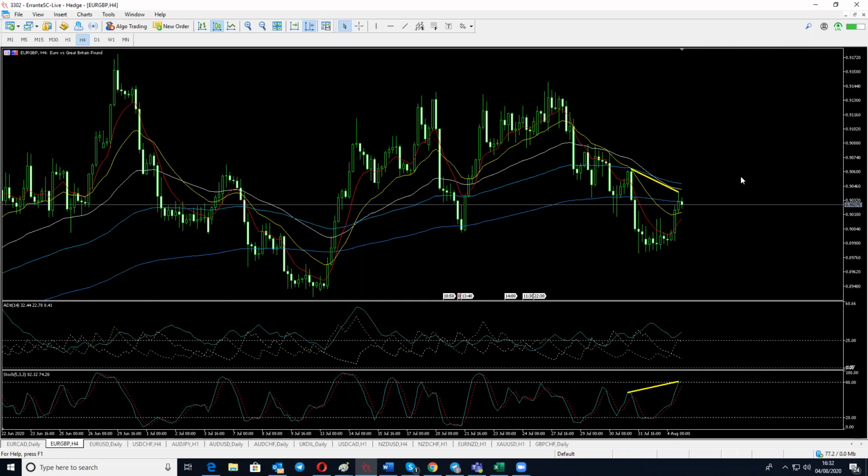Now what Euro GBP is doing, especially on the 4-hour chart, is giving the idea that we can actually sell. Of course, you've got ABCD coming down, but the software that I'm using is detecting some movements to the upside.